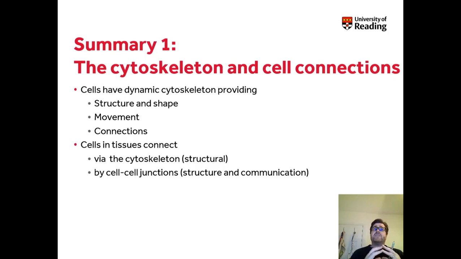They can connect via the cytoskeleton directly by fusion, which helps, of course, the structural integrity of the cells. A good example of that are skeletal muscle cells, but most cells actually connect to each other by cell-to-cell junctions, and that provides both structure and communication between the cells, because the signals can be transmitted through those communication anchor points.